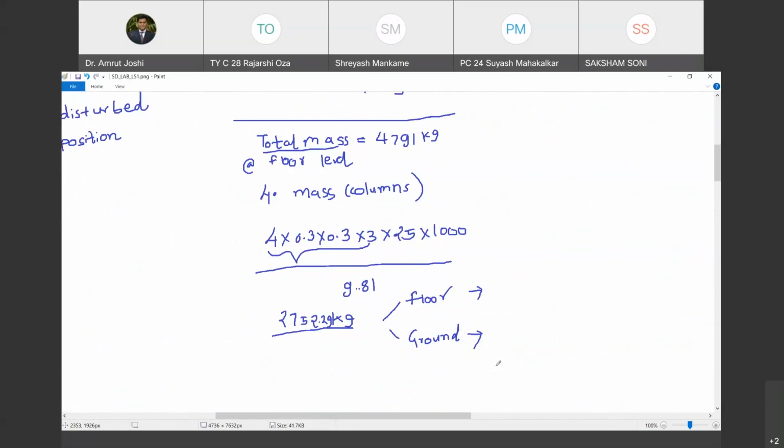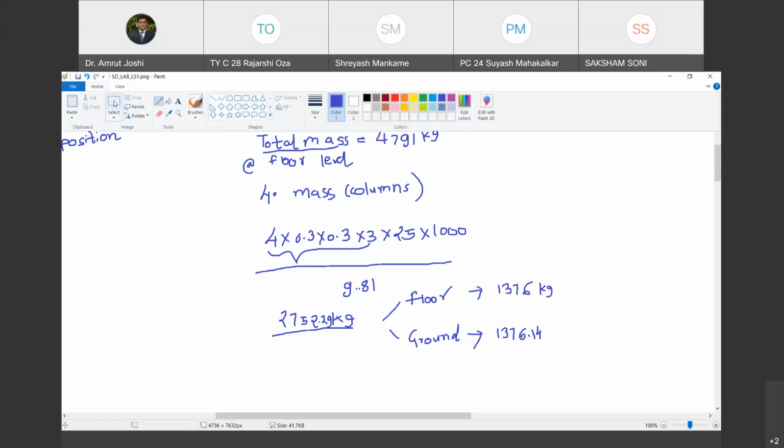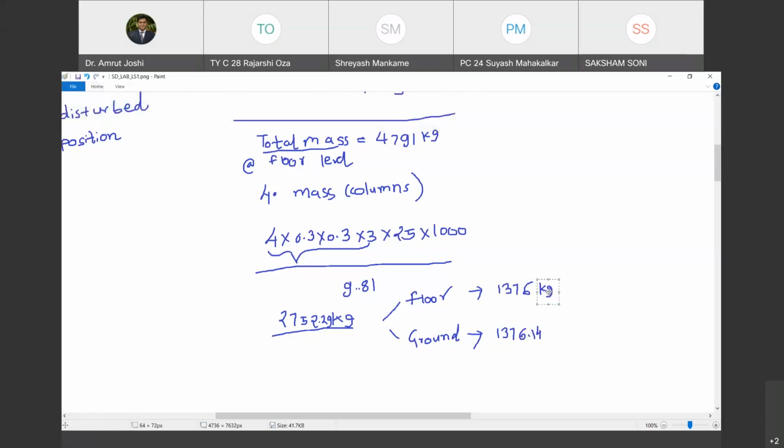So it is 2752.29 by 2. So it is 1376. So 1376 kg goes to the floor level and 1376.14 kg goes to the ground level, which is fixed.